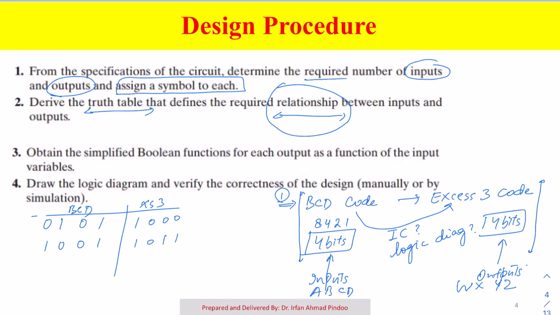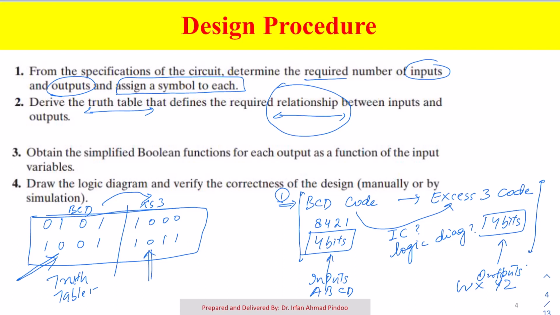Now how did we write all this? It is as per the behavior that exists between BCD and XS3. So this table that we are completing here is called the truth table. We will see this again in the upcoming classes. A truth table is nothing but a table where we have all the possible input combinations on one side and the corresponding outputs on the other side.